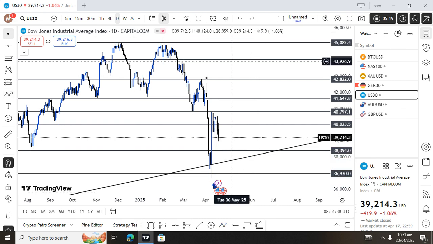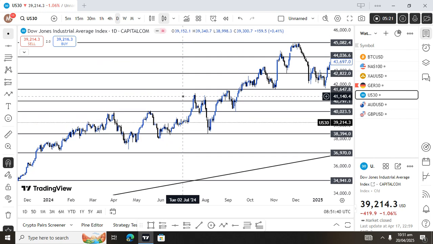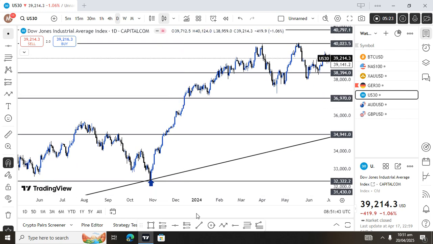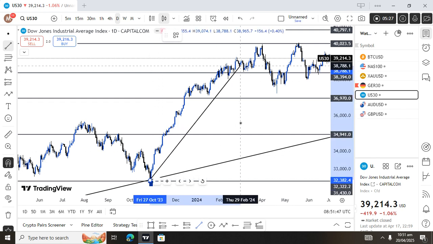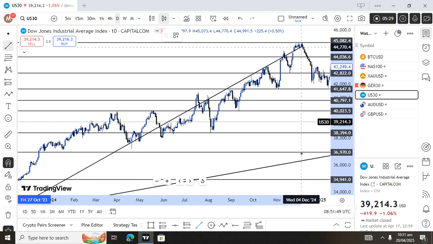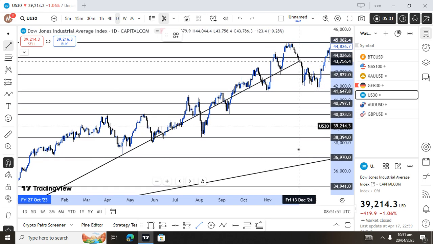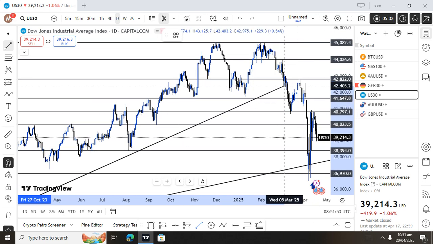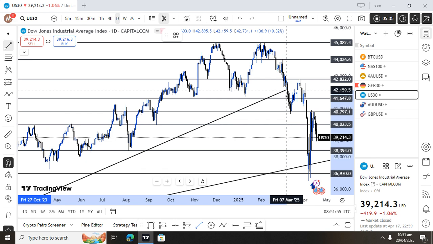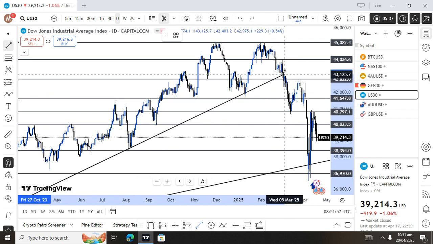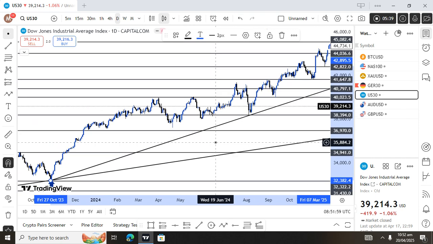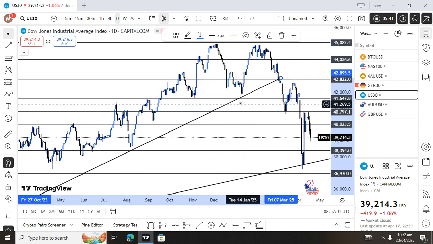So right now, let me just show you something. Mark another trend line. This trend line, you see, one, two, three. The market grabbed momentum.